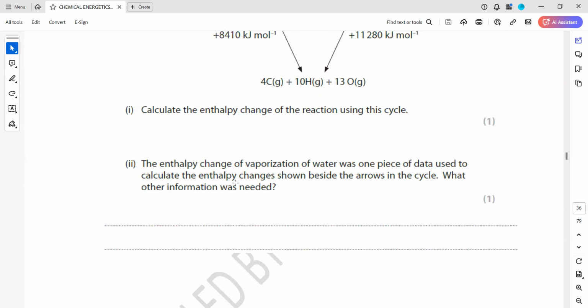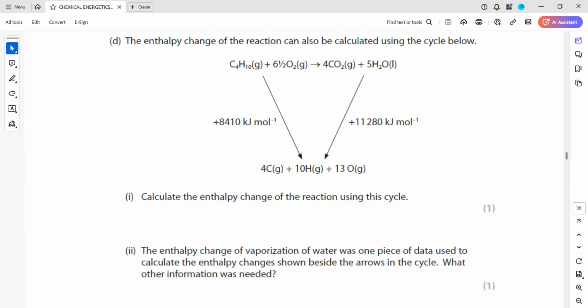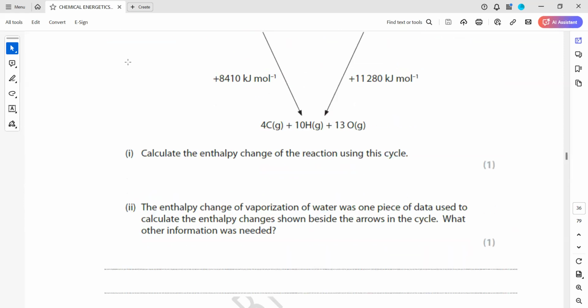The enthalpy change of vaporization of water was one piece of data used to calculate the enthalpy change shown beside the arrows. What other information do we need? Enthalpy change of vaporization of water is one of the things which we need. What else do we need? We should know the bond enthalpies as well.